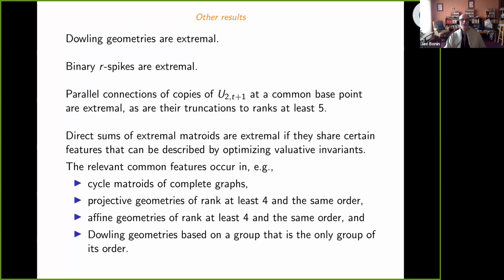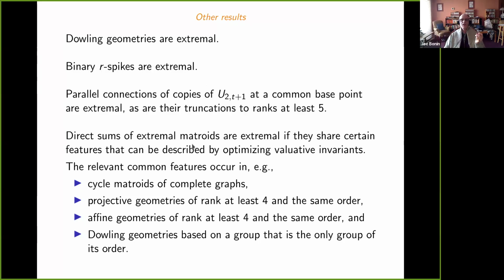And now to wrap up, let me mention other results that we have. If people are familiar with Dowling geometries based on groups, they are sort of group theoretic counterparts of complete graphs. They are determined, up to the order of the group, by their Tutte polynomials.